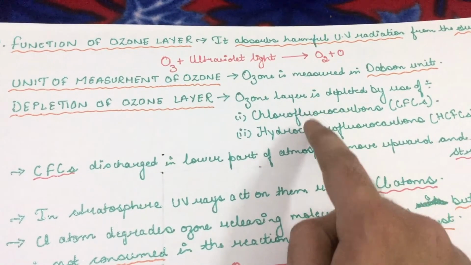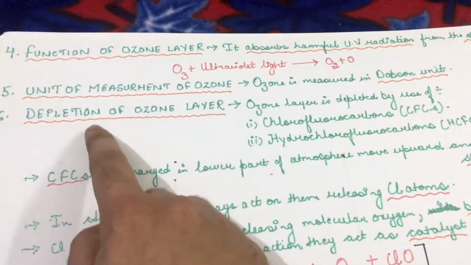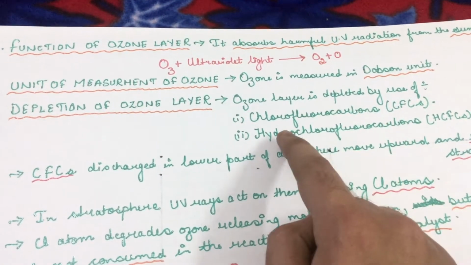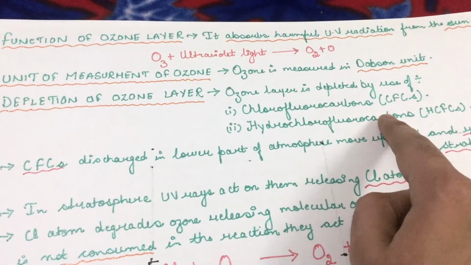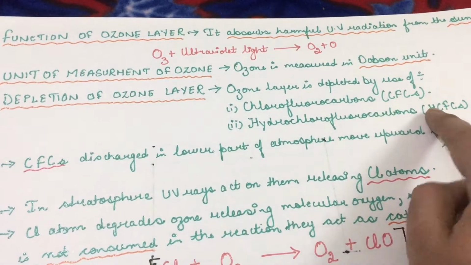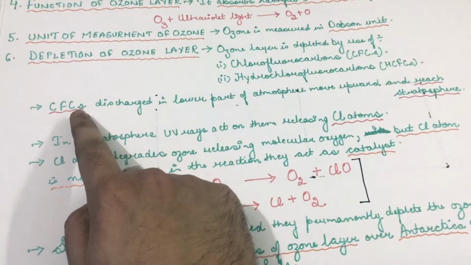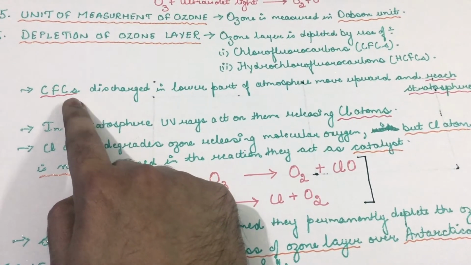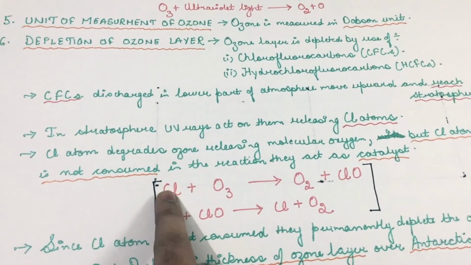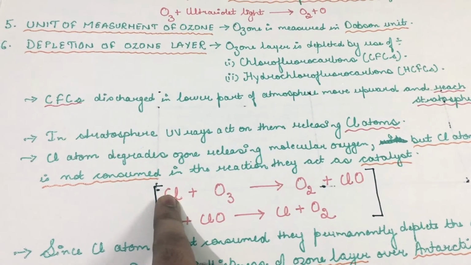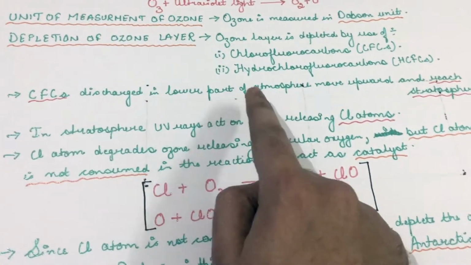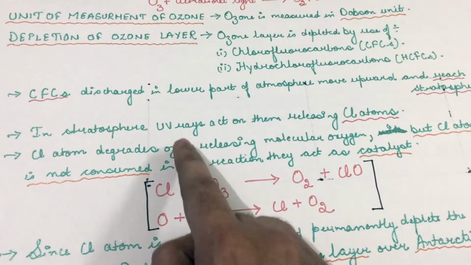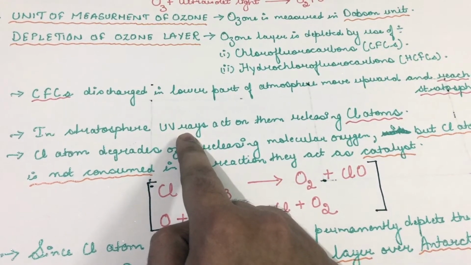Now there are two types of substances which lead to depletion of the ozone layer: chlorofluorocarbons and hydrochlorofluorocarbons, CFCs and HCFCs. Now let us look at how CFCs deplete the ozone layer. CFCs release chlorine atoms when they reach the stratosphere, because of the action of UV radiation on them.